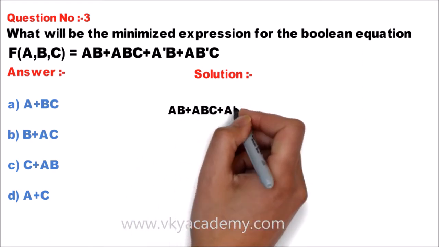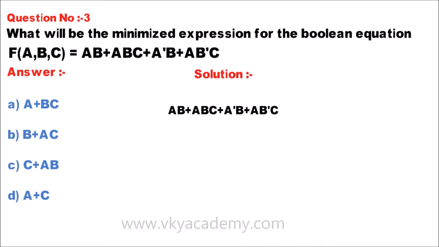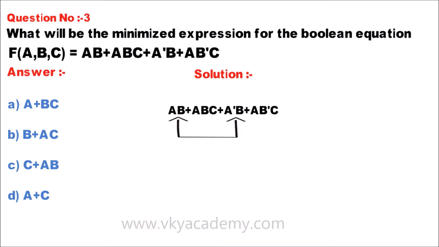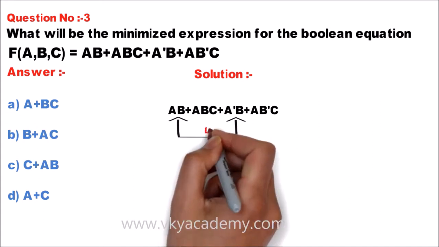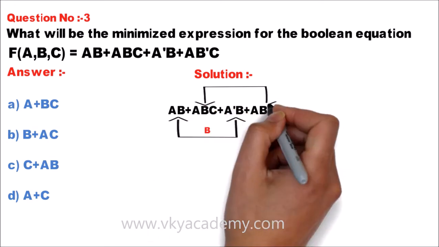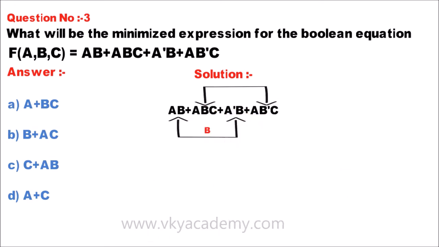Write down this statement: ab plus abc plus a bar b plus a b bar c. Now you can take b common from the first and third term, and from the second and fourth term you can take ac common.